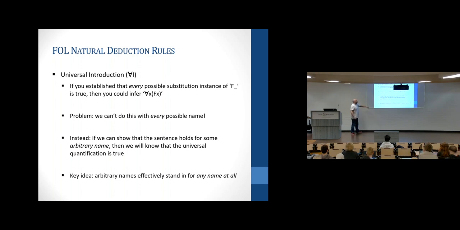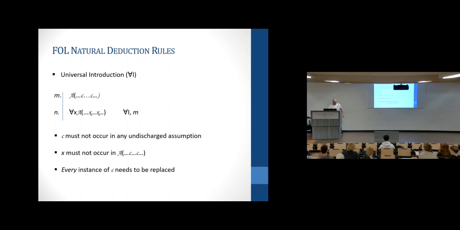So importantly, we're going to have some restrictions to ensure that the name is arbitrary. What we really mean by this is it can't be a name that actually picks something in the domain out. It needs to be a dummy. So an easy example, we can see the rule.